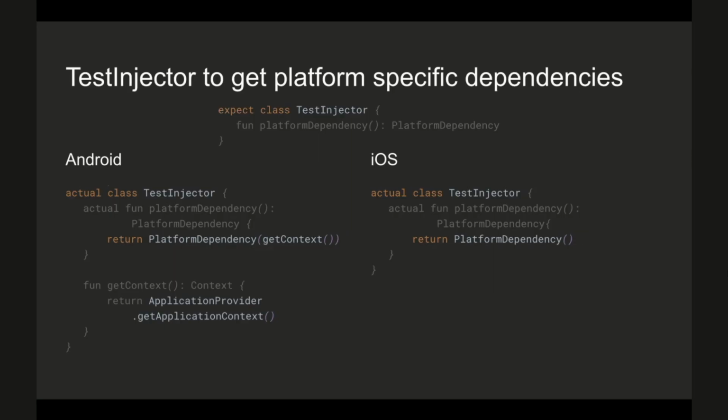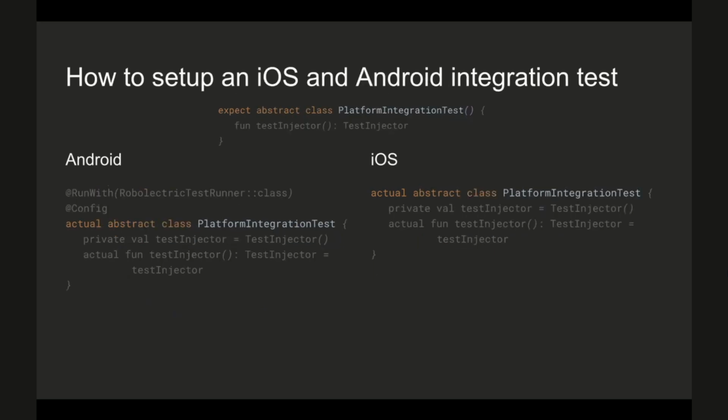So to do that, we need to provide these platform dependencies as an expected class, and the actual implementation depends on the platform. We are using the test injector to help us get the platform dependencies from a common place, where under the hood, the platform dependency is generated on the specific platform.